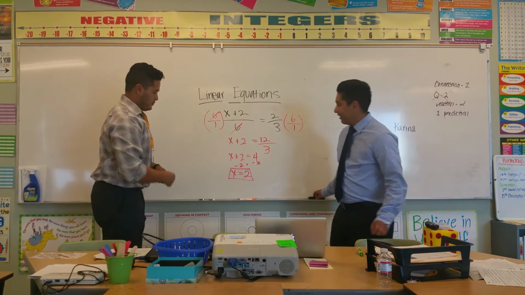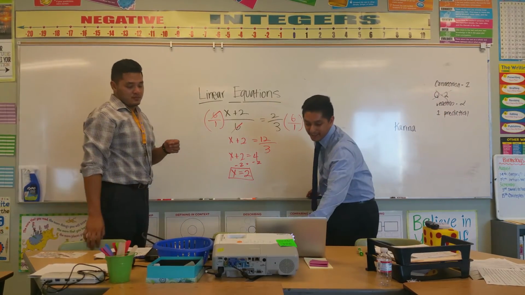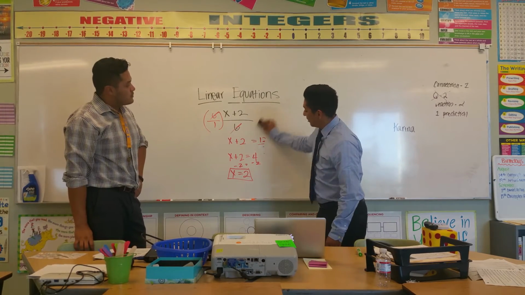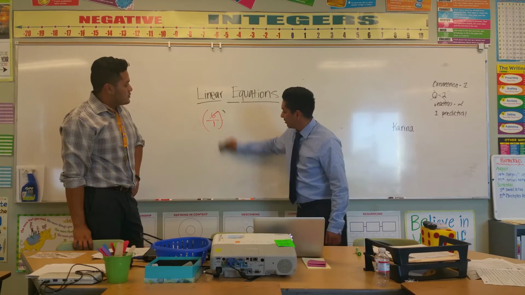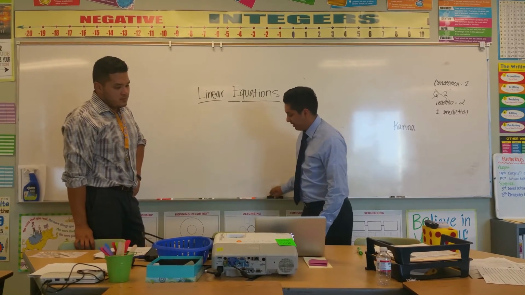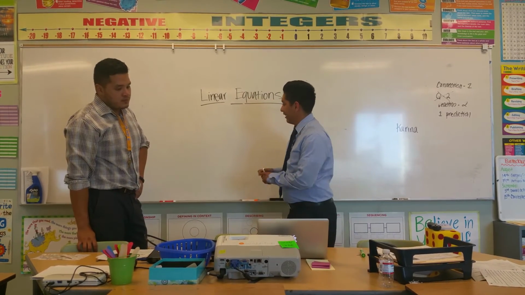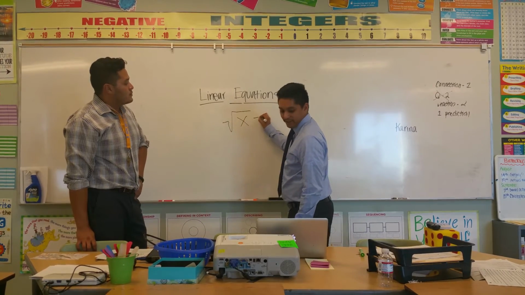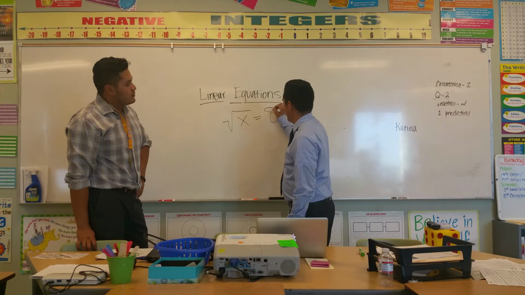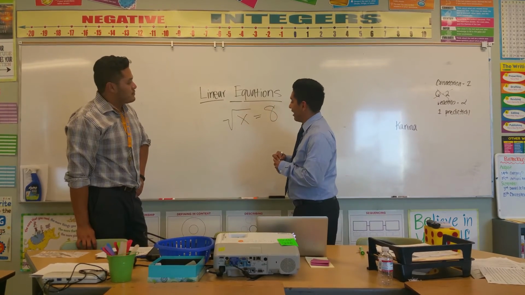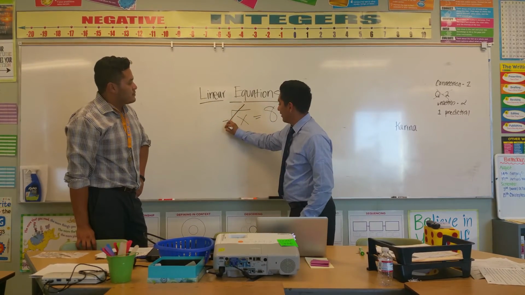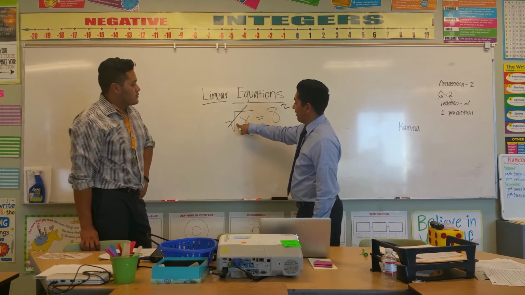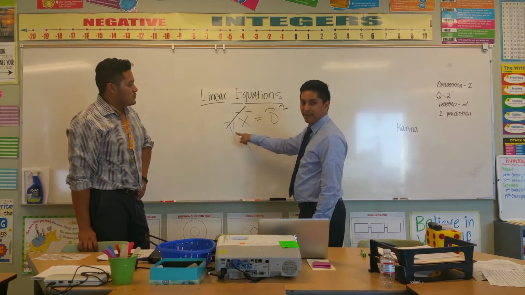Alright, very nice. And the last thing we're going to cover, and we didn't go too much into it, is the inverse operations for exponents and square roots. So what we're going to do is take the square root of x is equal to 8. And we're actually going to have to cross out this square root and add an exponent, which is the opposite function of a square root.